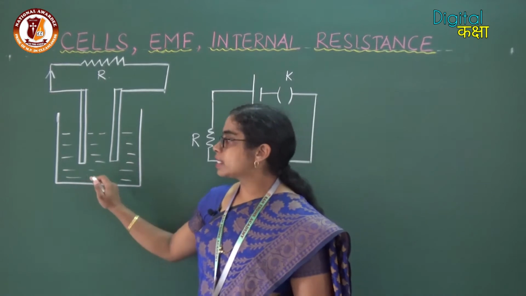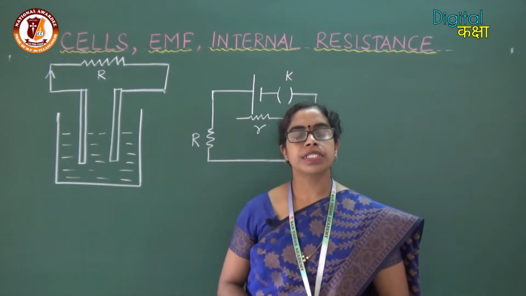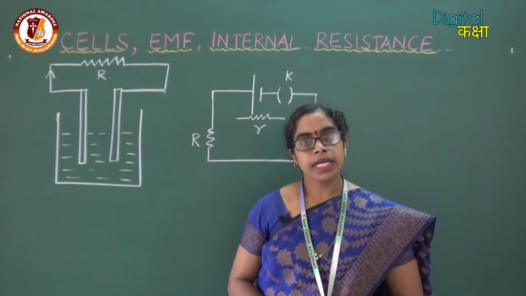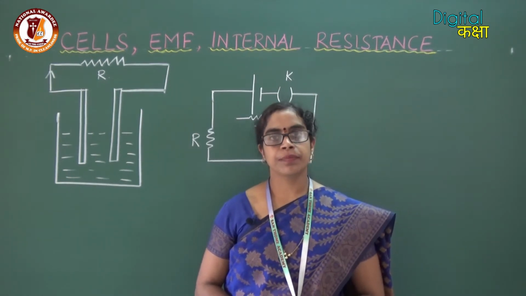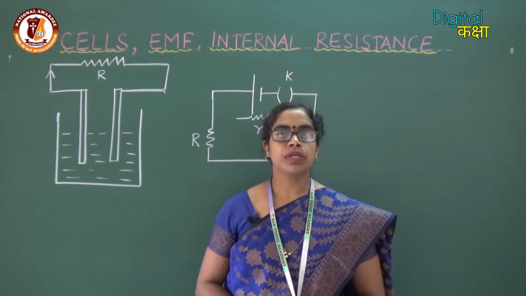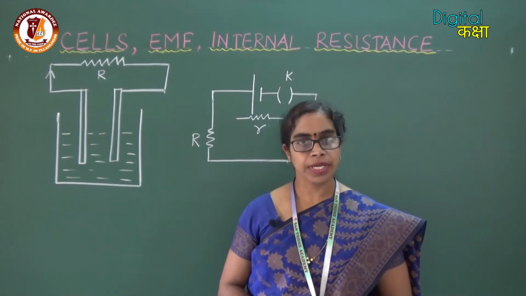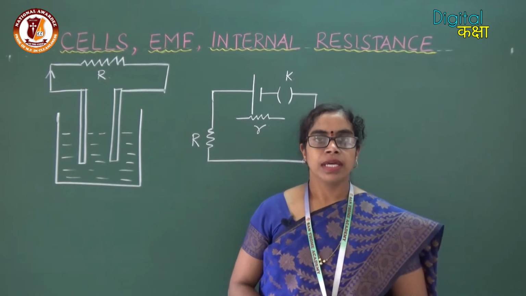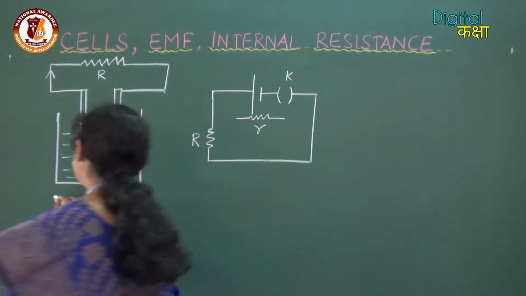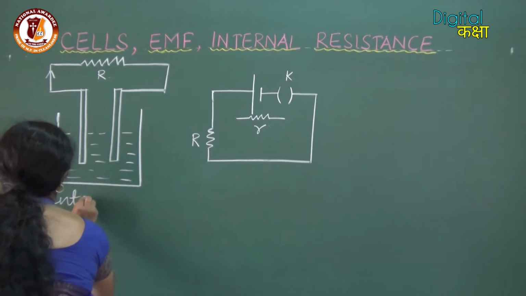Also, the electrolyte present in this cell has a specific value of resistance which it offers to the flow of the current through it. This resistance of the electrolyte is called the internal resistance.